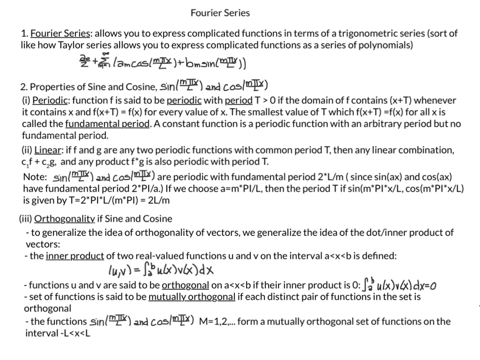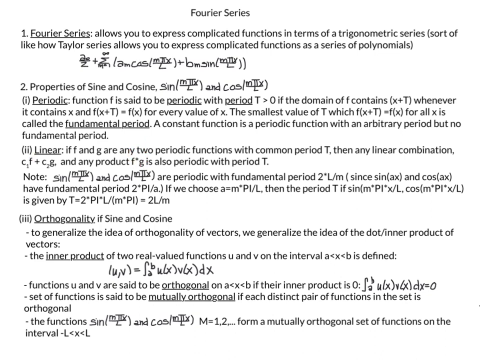The second property we have of periodic functions is that they are linear. So if f and g are two periodic functions with a common period T, then any linear combination of f and g is also periodic. That is, if you multiply f by some real number and g by some real number and then add them together, that would be a linear combination.